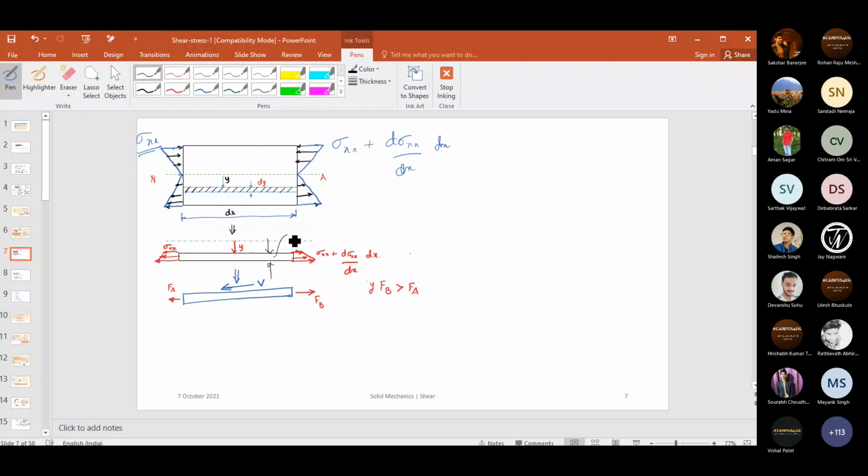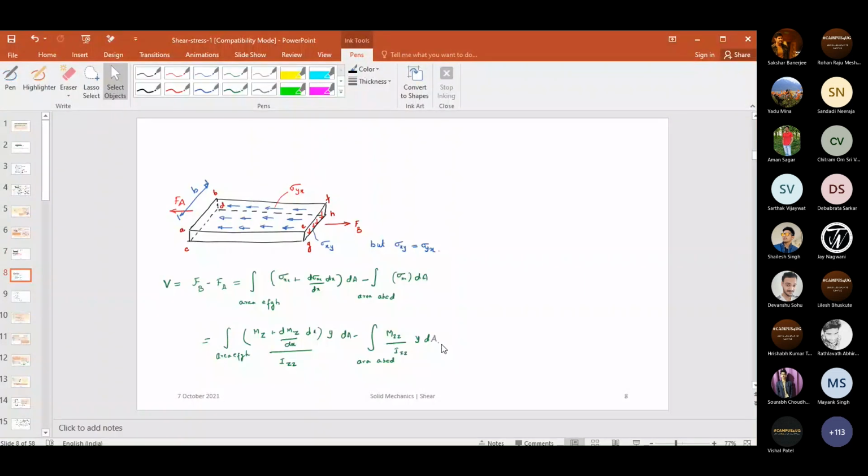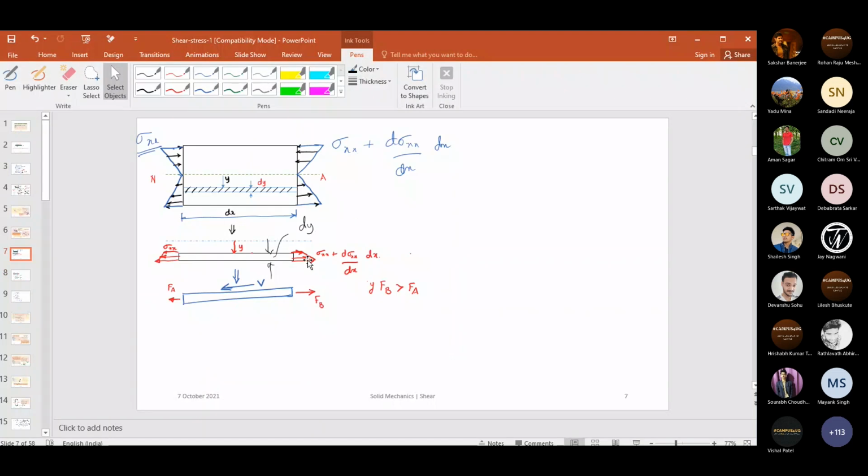The strip depth is dy. Now on this side we have sigma xx plus d sigma xx by dx into dx, and this side it is sigma xx. Anyhow, first we'll come to this.